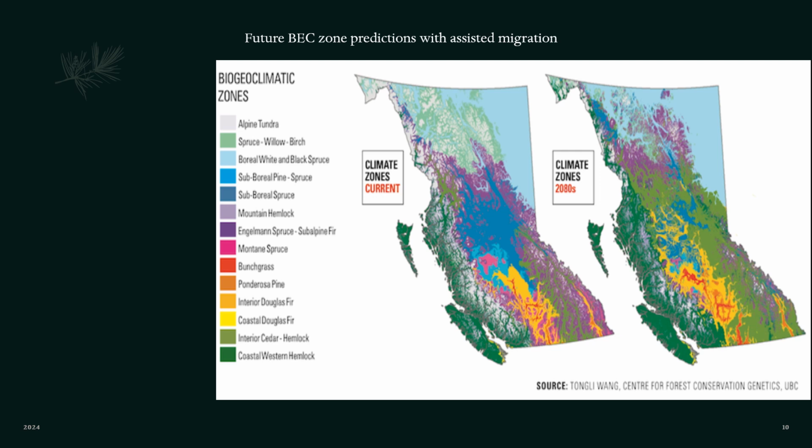I don't totally agree with a few things on this map, but of course it's a prediction. I don't really agree with the expansion of the ICH with such largesse. I think it will creep north and it'll waver on the outer edges of it, where it'll give way to IDF and Ponderosa zone in the southern areas.